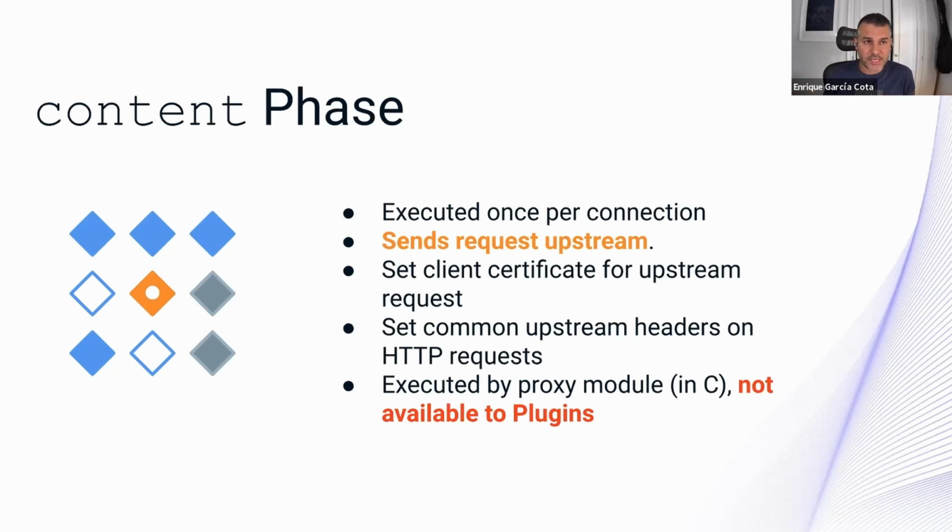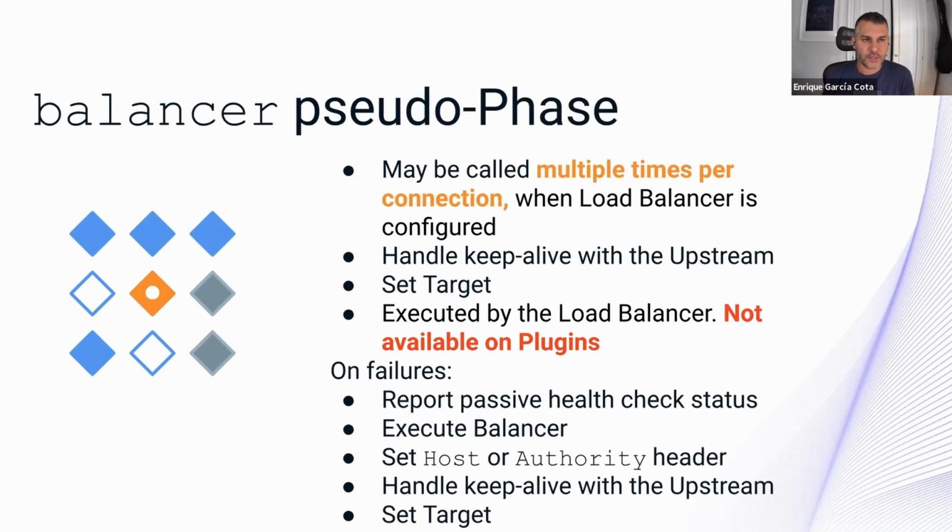In parallel with this phase, there is a pseudo phase called balancer. This balancer phase can happen several times per connection. Basically, what's happening inside this phase is that we try to connect to one upstream, and if it doesn't work, we try another one, and if it doesn't work, we try another one, until we run out of upstreams or one of them sends a valid response.